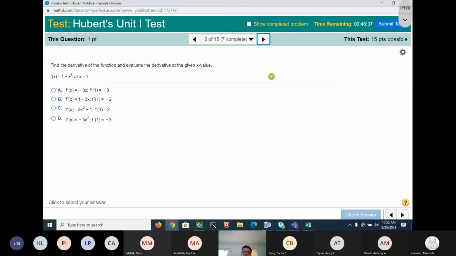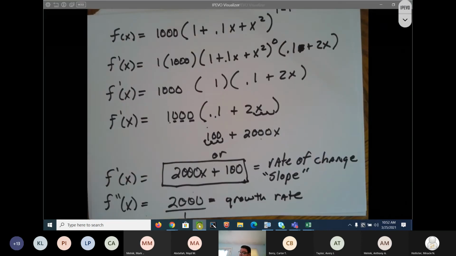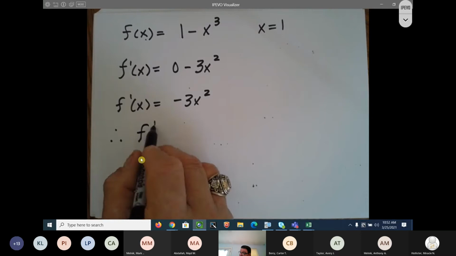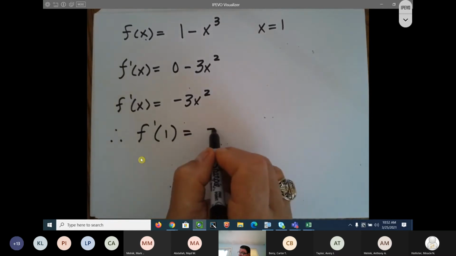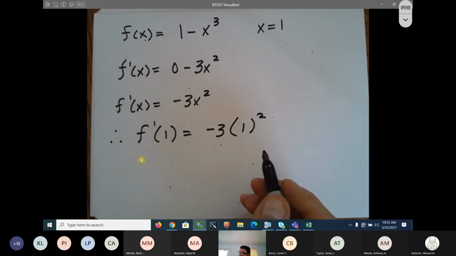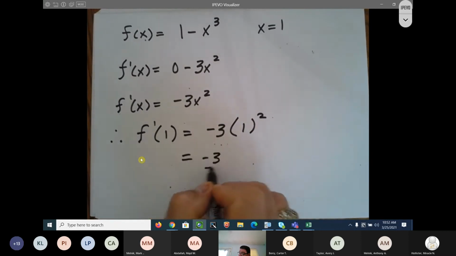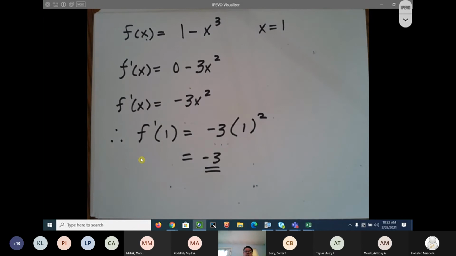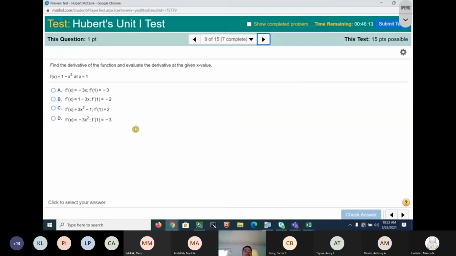Therefore, f prime of 1 is equal to negative 3 times 1 squared, which should be negative 3. So it's either A or D. So it looks like negative 3x. I think that one is correct.